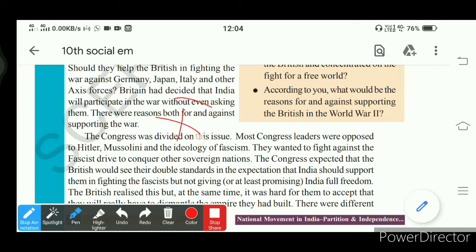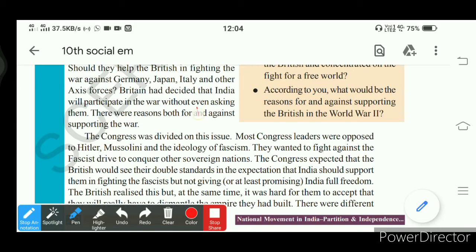We want freedom from the British, right? So we should fight against the British. So we should not support Britain. If it is the right time to fight against the British, we should not support Britain.